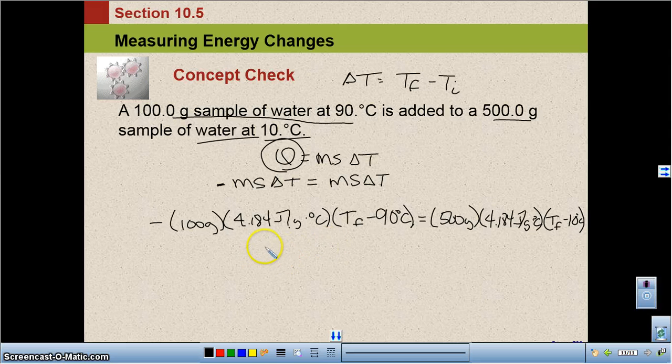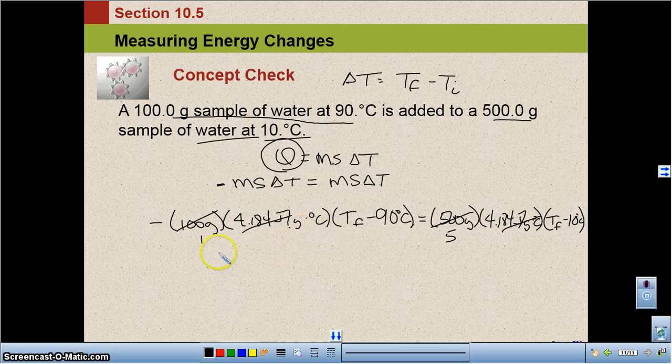And because you're advanced math students again, we have all multiplication through here except for what's going on with the temperatures. So I can divide both sides by 4.184 and get rid of those because they're on both sides. We can also take both sides and divide by 100 to reduce it. So this is 1, and over here this is going to become 5. So that clears things up just a little bit.